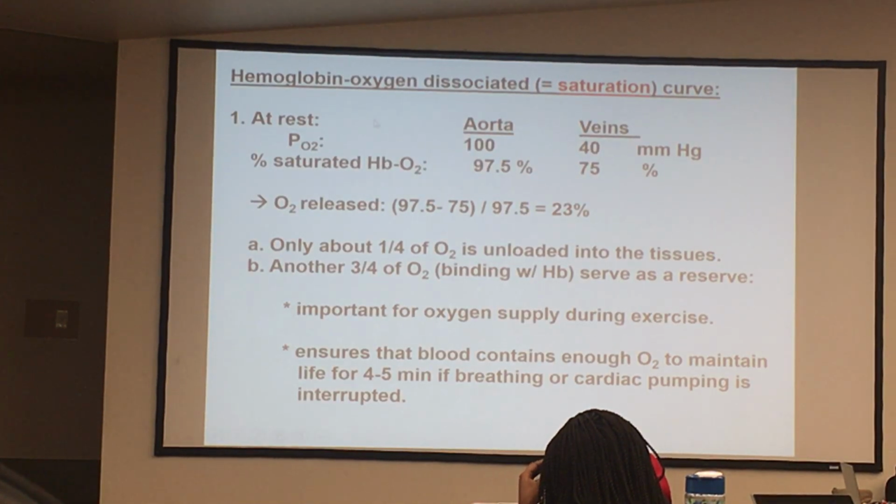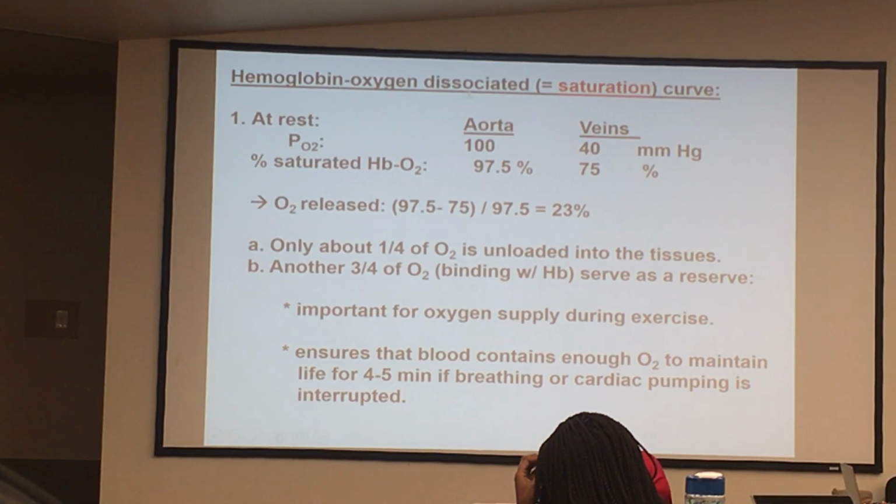So the hemoglobin oxygen saturation curve, or dissociation curve, means what? It means at rest, in the lung we have 100%, or 98, 99%. And when it goes to the vein and returns to the heart, the pressure is down from 100 to 40, but it is carrying 75% saturation and has roughly released about 23, or we say 25%.